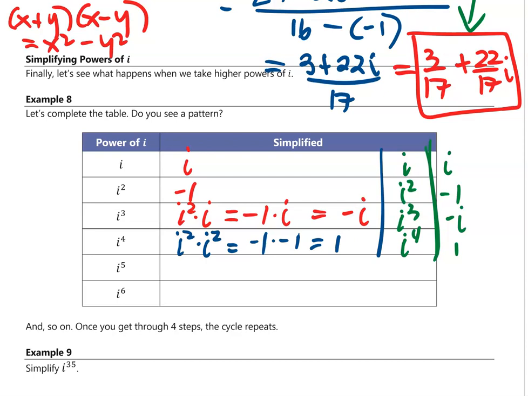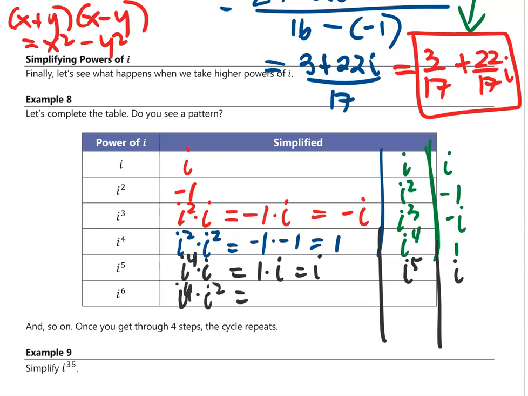You can rewrite this as i to the 4th times i. i to the 4th, we know that it's 1, times i is equal to i. So i to the 5th is equal to i. How about i to the 6th? That's i to the 4th times i squared. We know that i to the 4th is 1, i squared is negative 1, so this is equal to negative 1. So i to the 6th is equal to negative 1.